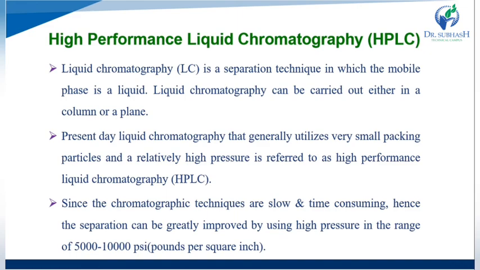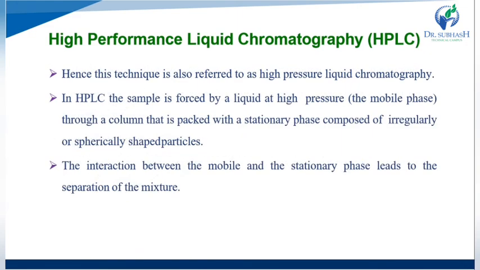This technique is also referred to as high pressure liquid chromatography. In HPLC, the sample is forced by a liquid at high pressure, the mobile phase, through a column that is packed with a stationary phase composed of irregularly or spherically shaped particles.